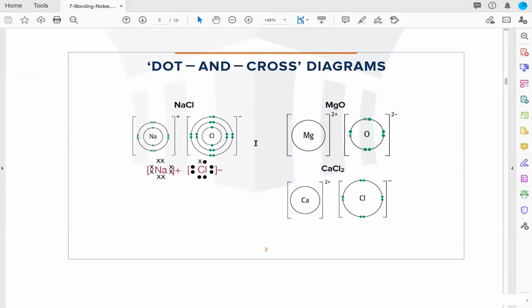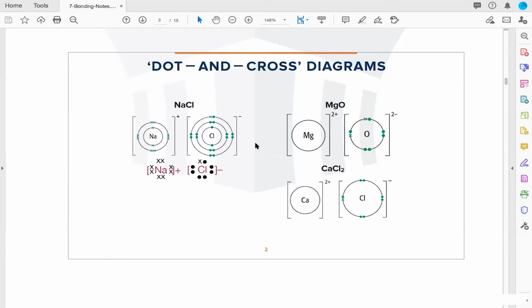Just remember that depending on where it is in the periodic table, anything has a certain number of outer electrons. So group 1 will have 1 outer electron, group 2 will have 2 outer electrons, group 7 will have 7 outer electrons. There are a few atoms for which we do not know the outer electrons right away, which we call transition metals. For those, you just have to remember how many they lose.